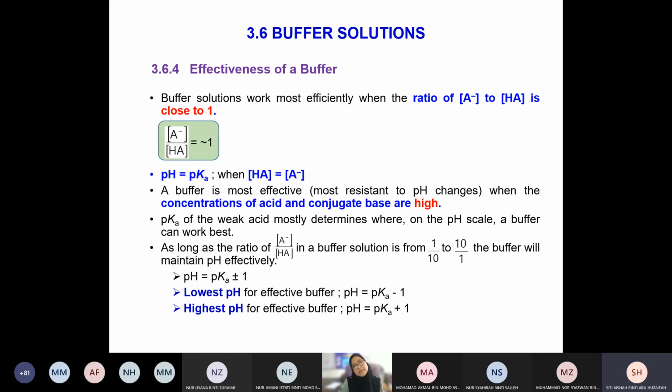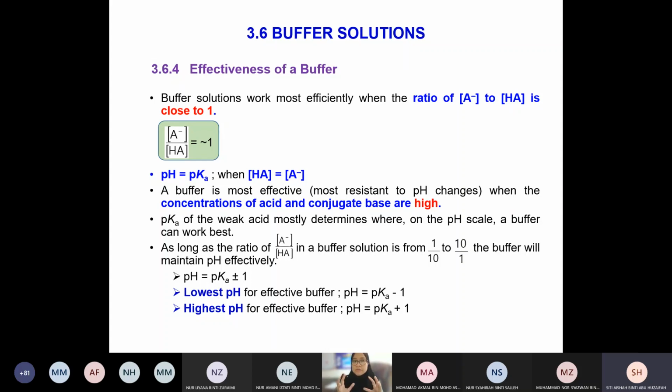Effectiveness of a buffer, guys. Last but not least would be the effectiveness of a buffer. As we have learned, a buffer has the ability to resist a drastic change in pH.